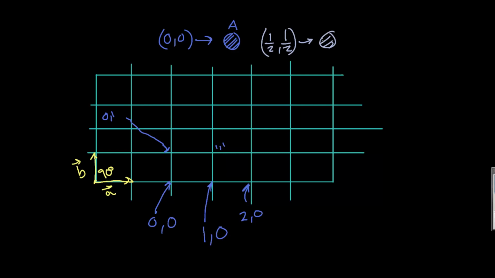Call this atom atom B. So I'll apply that to a few of these points. Here's A. So at every lattice point, we're going to have A. And then at the center here, 1/2, 1/2, we're going to have B.